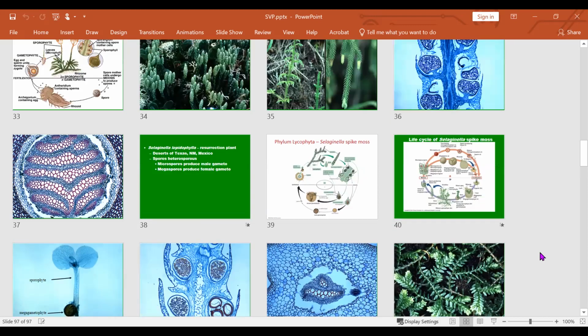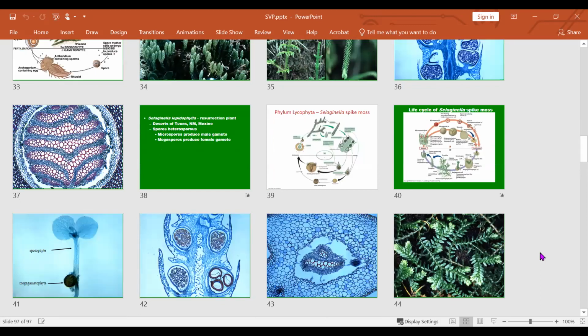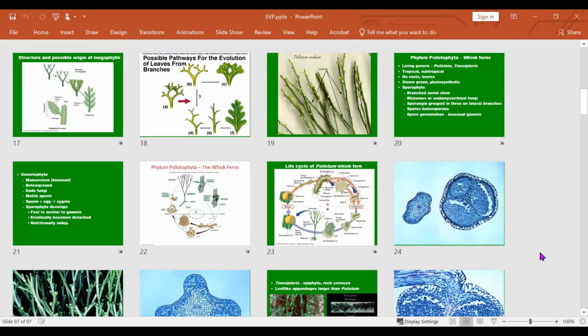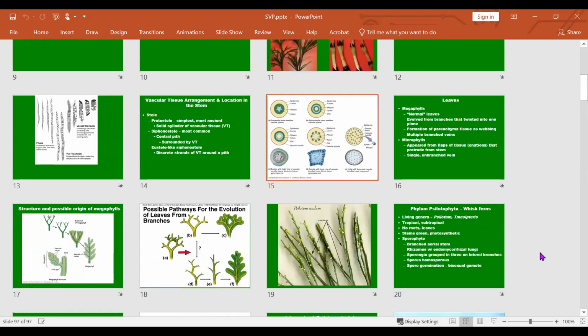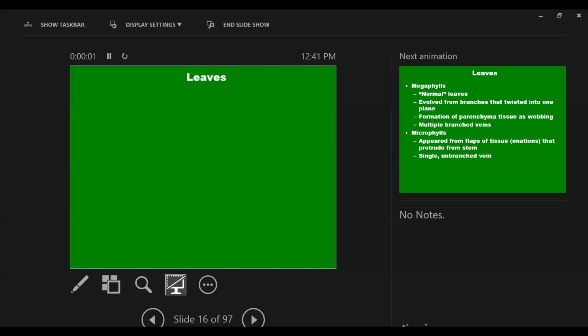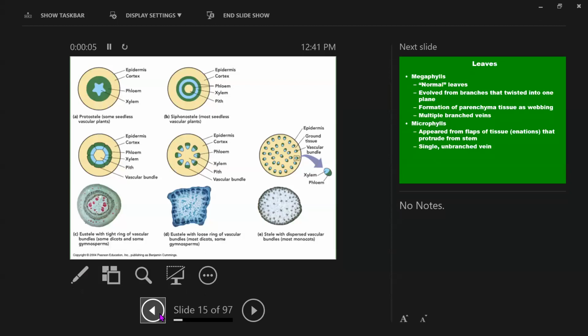Good question. So, okay. So I would like you to know protostele is the top left. Please know that. Protostele is ancient. Some vascular plants have that where the vascular tissue is dead center.